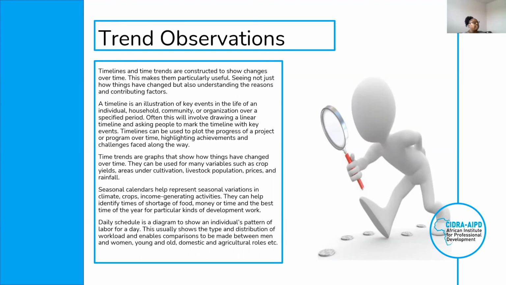A timeline is an illustration of key events in the life of an individual, household, community, or organization over a specific period. Often, this will involve drawing a linear timeline and asking people to mark the timeline with key events.